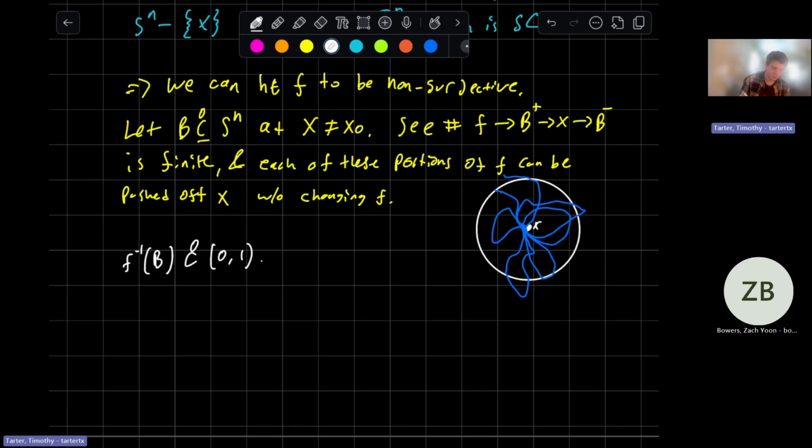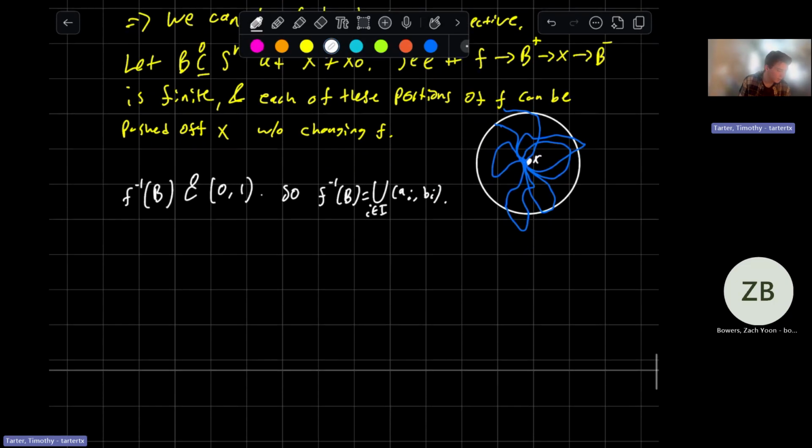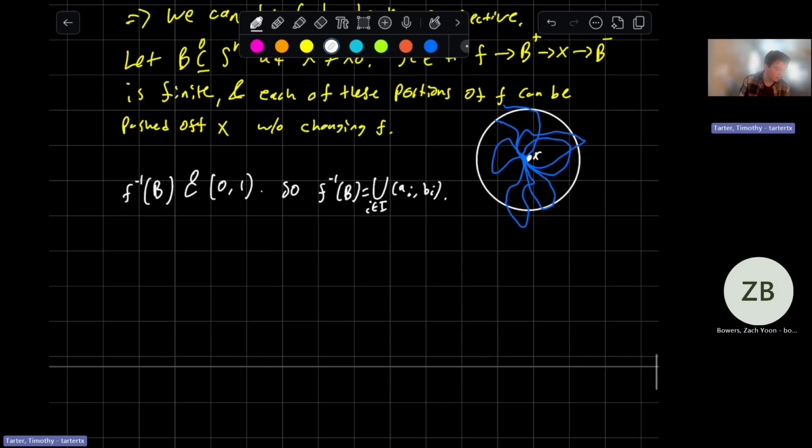So f inverse of B is the union of a bunch of intervals (a_i, b_i) in R. Oh, and it's the disjoint union.